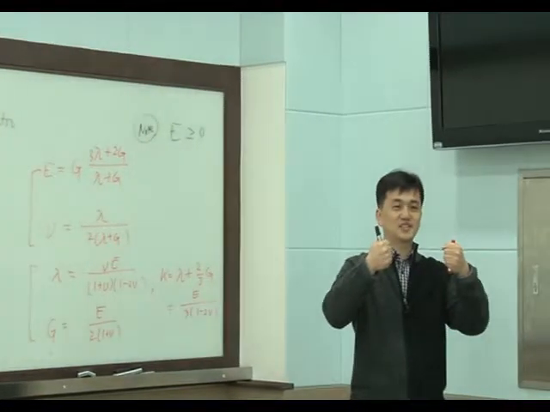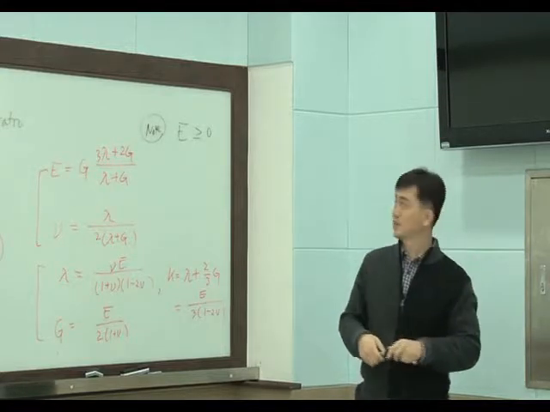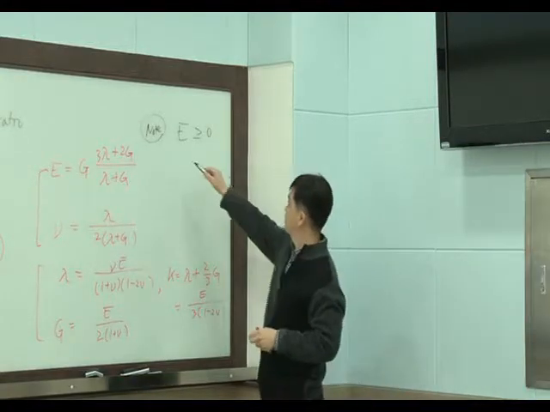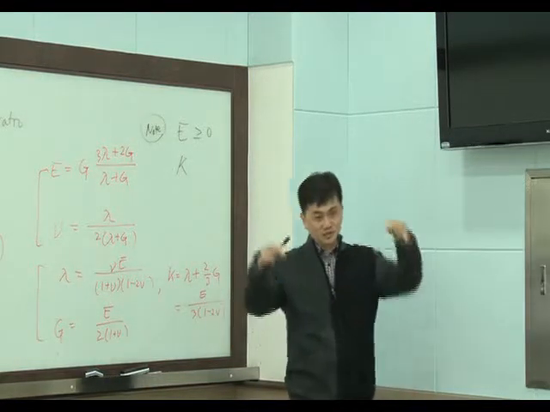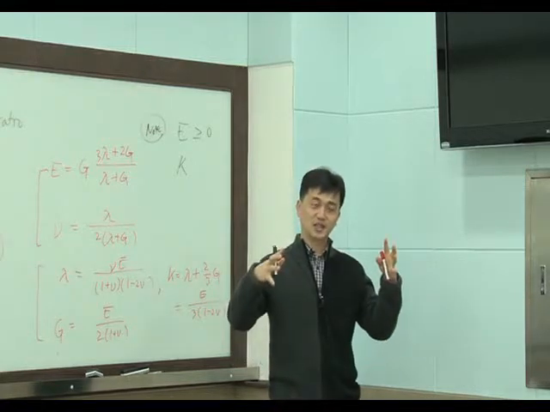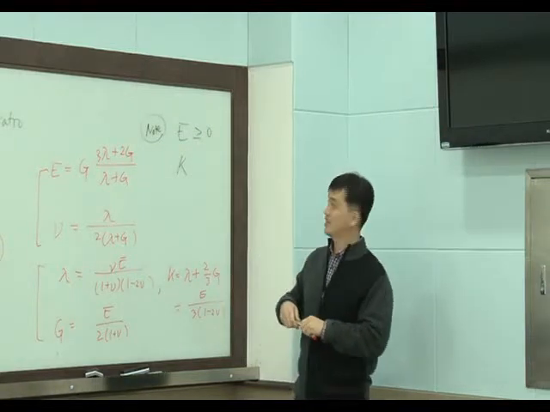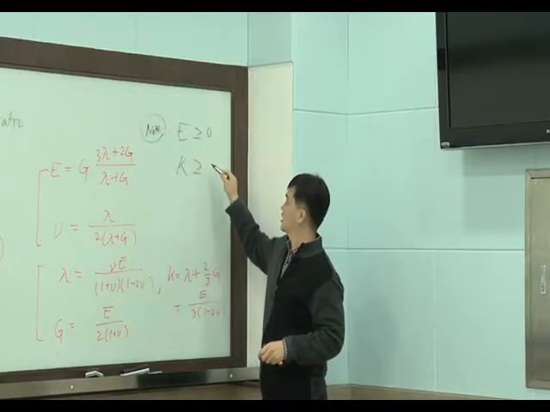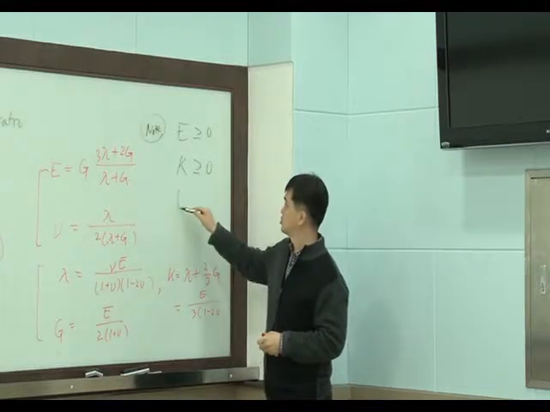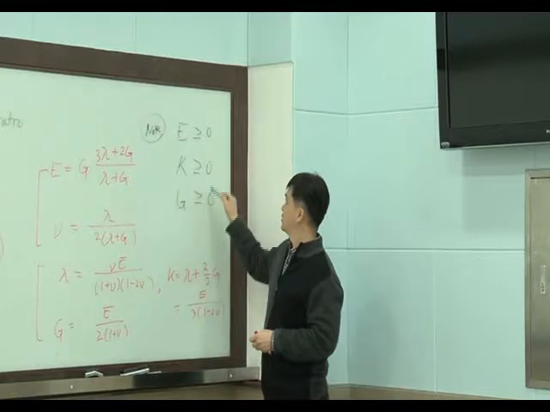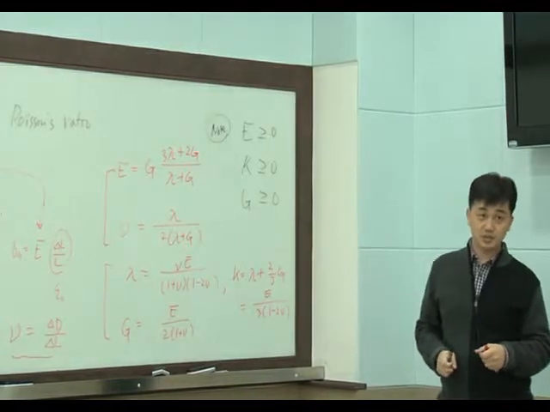It's physically wrong, right? So that's not possible. How about the bulk modulus? If we put some ball into the water, it should contract, but it expands. Then negative K is not possible, right? And G, same. E, K, G should be bigger than 0, right?